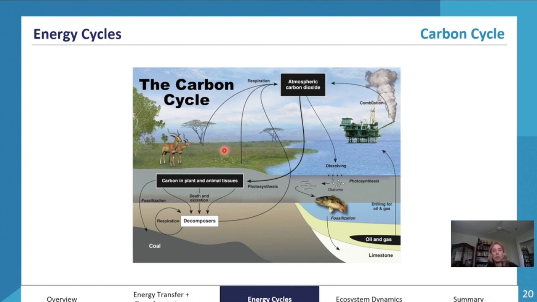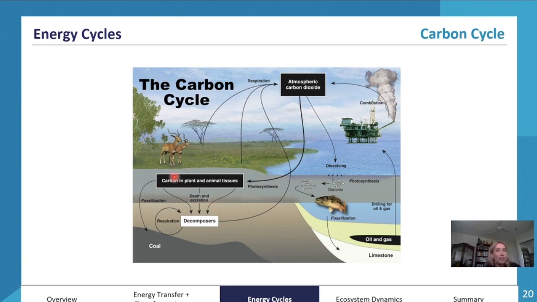So these animals now possess carbon, which they will excrete or pass away. They'll either excrete it through respiration and metabolism, but also through the death of the animals, leading to decay, which both are going to lead to carbon returning into the atmosphere and water as carbon dioxide.